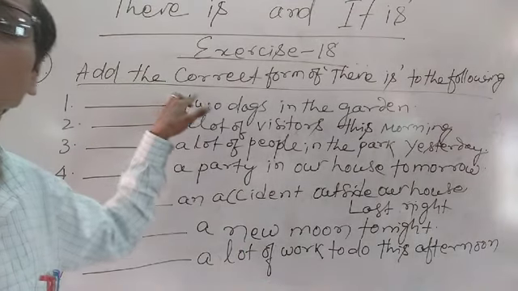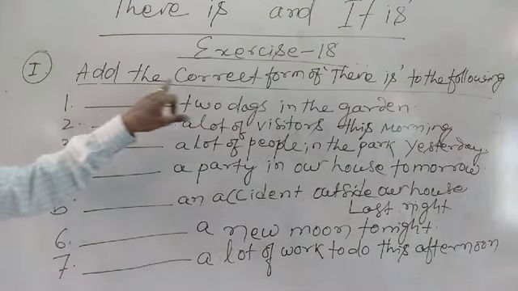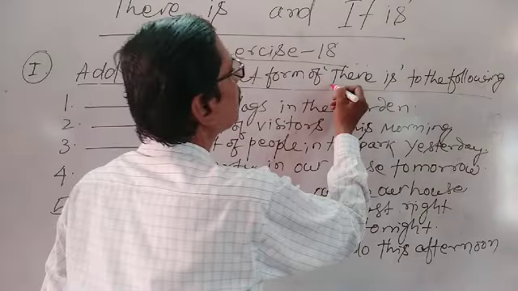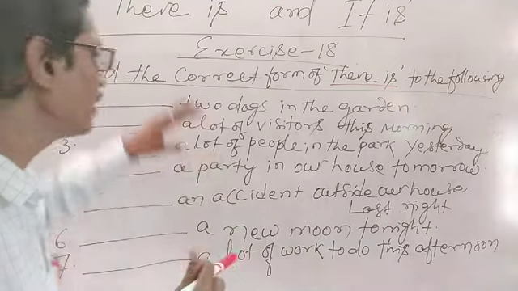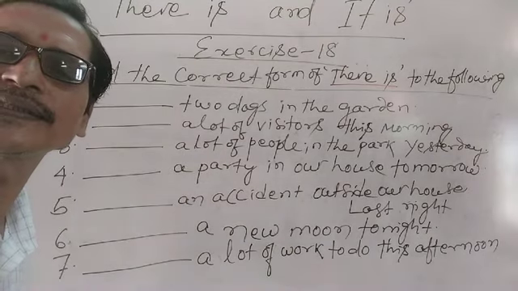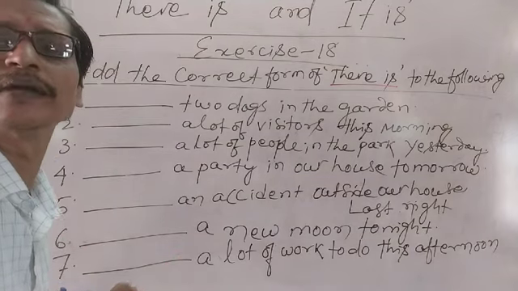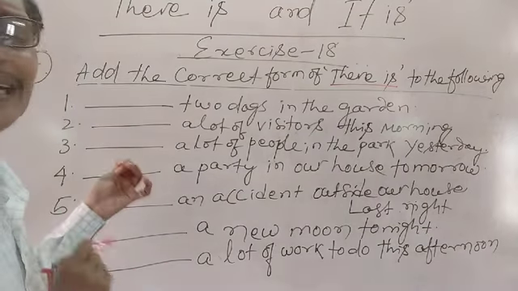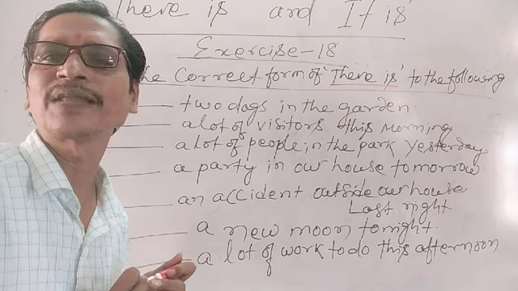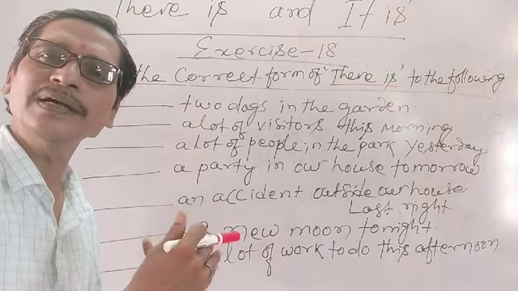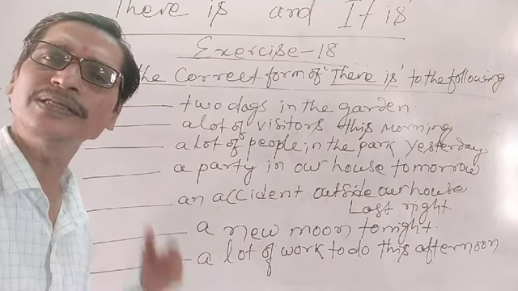What will we do? Add the correct form of there is to the following statements. We will use the correct form in accordance with the statement. Okay, so we will take the subject and the time. Accordingly, we have to change the verb and its form using there.